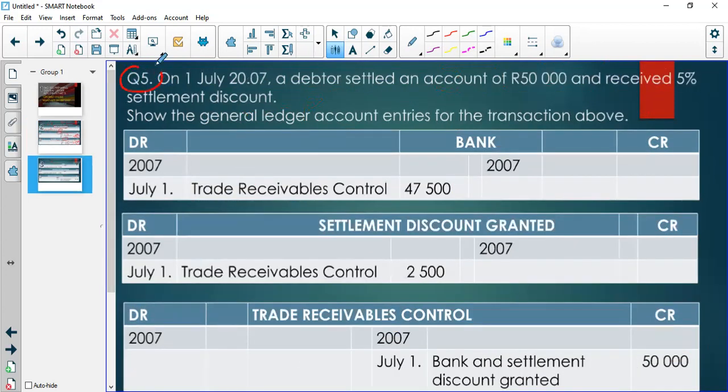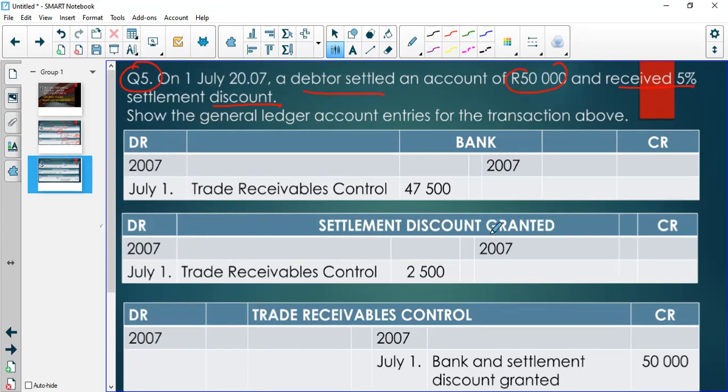So here's an example of a settlement discount granted. A debtor, somebody who owes us, settled an account of 50,000 and received 5% settlement discount. So you want to know how much he actually paid. So the debtor paid 95%, and we gave the other 5% as a benefit to him, as a loss to us, to say, okay, instead of paying us 50,000, you can pay us 95%.